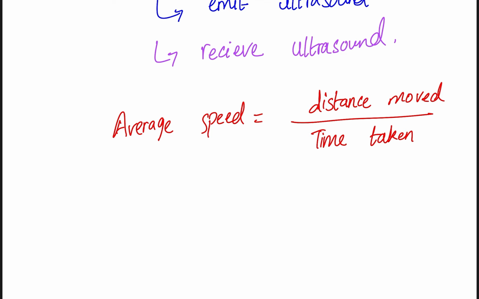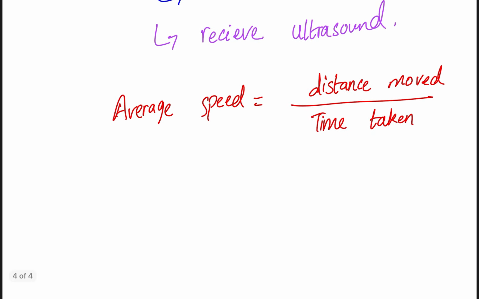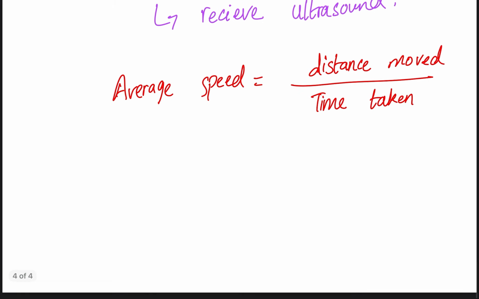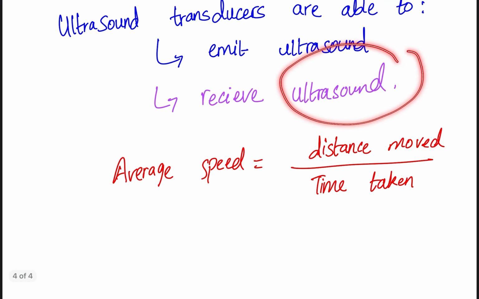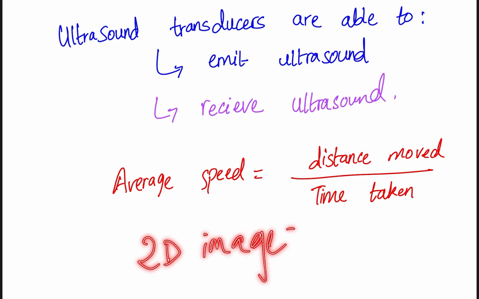You also use ultrasound in the medicine industry. It can be used to construct images of a fetus in the womb. It can generate 2D images of the organs. All these notes will be provided to you.